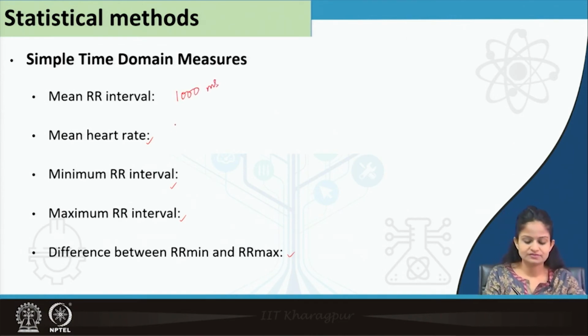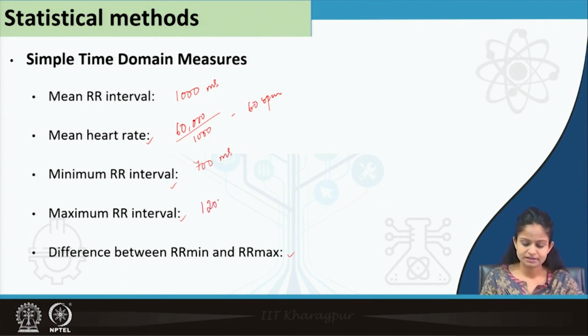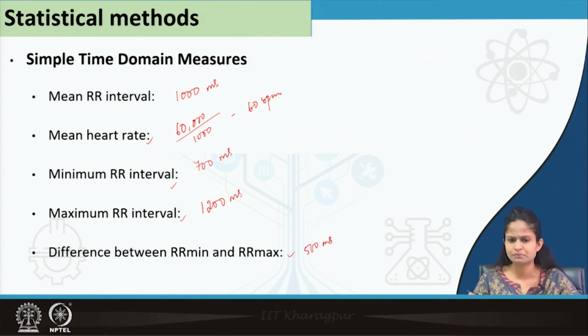The mean heart rate will be 60,000 divided by 1000, so 60 beats per minute. Suppose the minimum RR interval is 700 milliseconds and the maximum is 1200 milliseconds. The difference between the two is 500 milliseconds. In this way, these are the simple time domain measures, which use simple calculations.